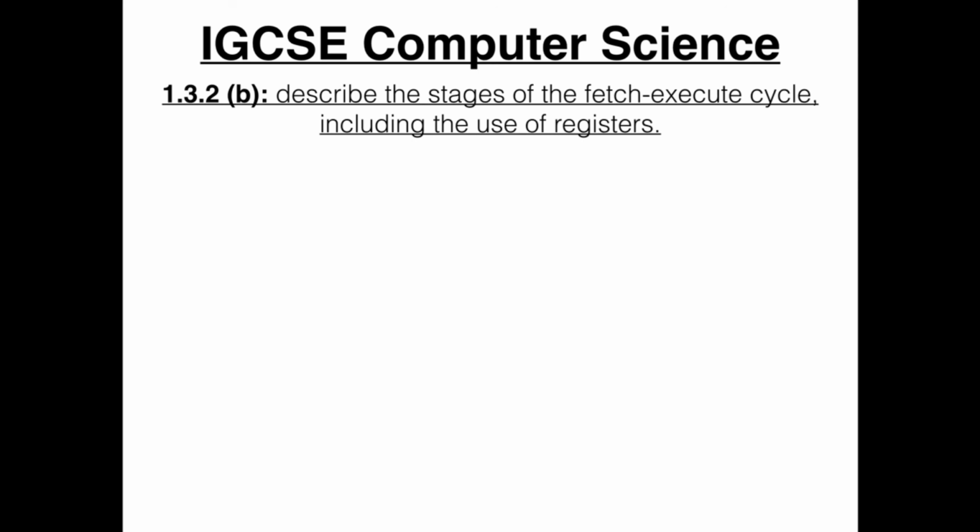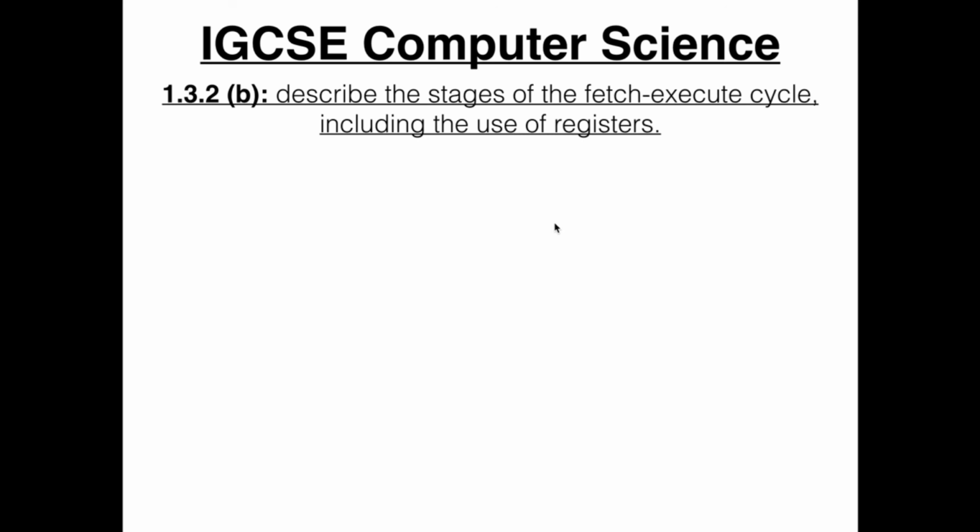We looked at how the MAR and MDR worked with reading and writing, and how the accumulator worked with storing the results of calculations which the ALU made. This video is not only going to go through the CIR and PC in depth, but most of the other registers as well. This video is basically how the CPU processes instructions and executes them.